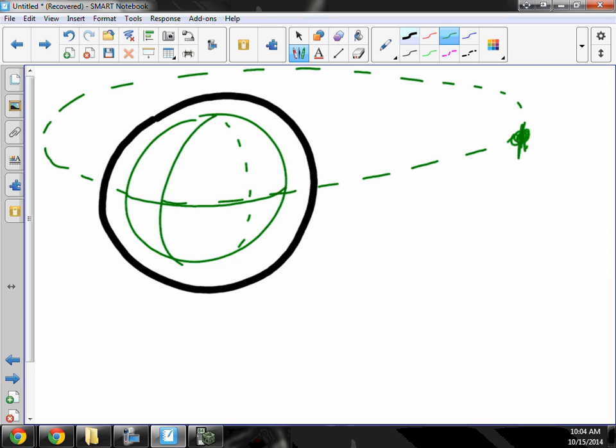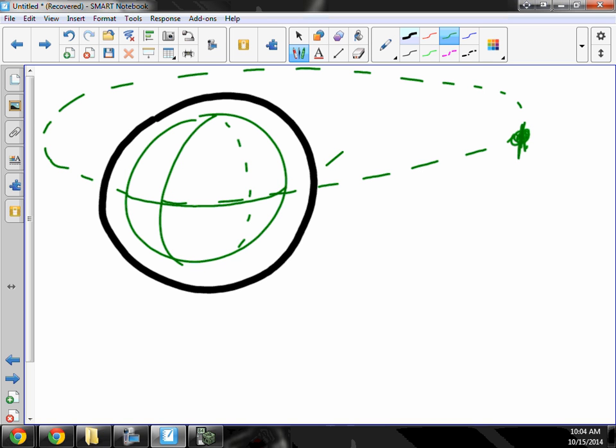Does that make sense? So if my Earth is rotating like this, and I put a satellite out here, and the Earth rotates at the same rotational speed that the satellite travels, then the satellite will never move in relation to the Earth. I mean, it's still going around at an incredible speed, but its view of the Earth will never change.